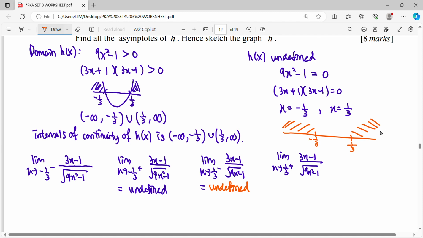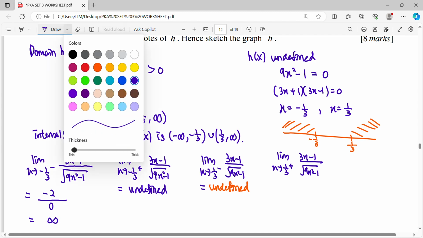Alright, so how we evaluate this? So we try to substitute first, right? So when we substitute this inside here, we get negative 2 over 0. It is infinity.